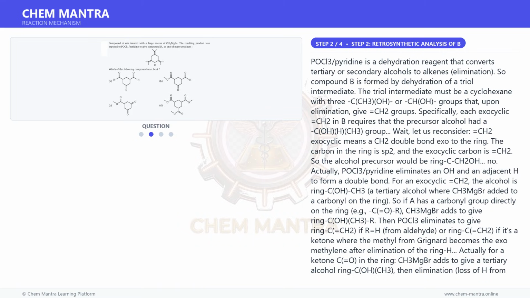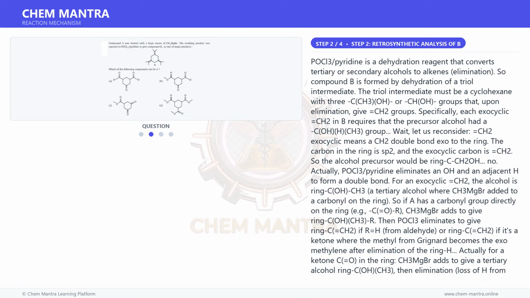An exocyclic =CH2 means a CH2 double bond exo to the ring. The carbon in the ring is sp2 and the exocyclic carbon is =CH2. So the alcohol precursor would be ring CH2OH. No. Actually, POCl3-pyridine eliminates an OH and an adjacent H to form a double bond.